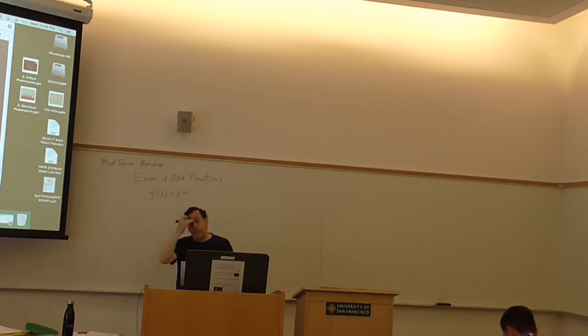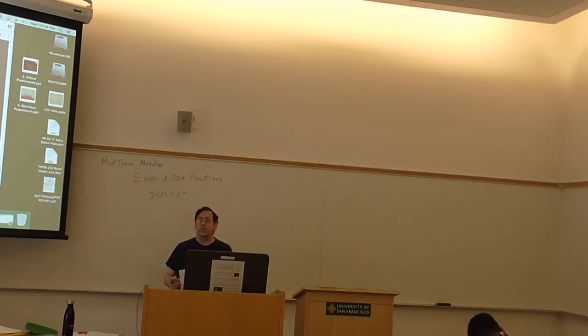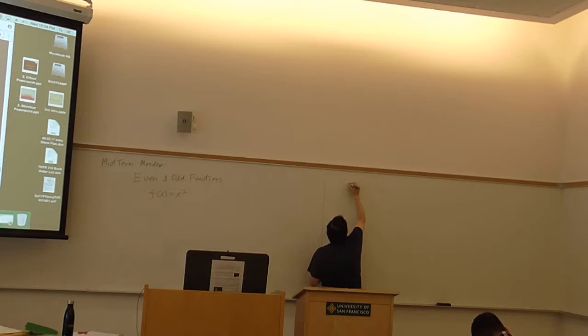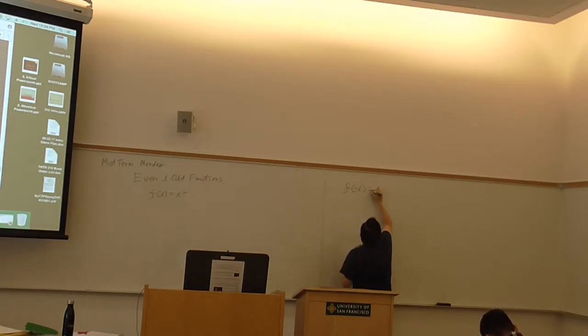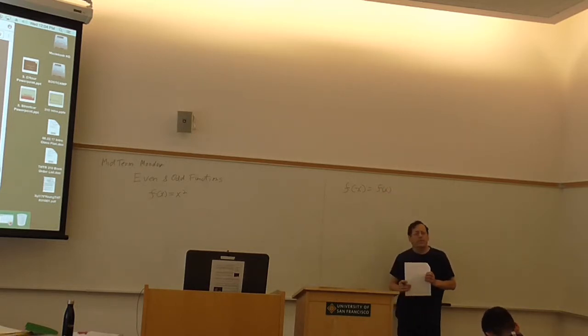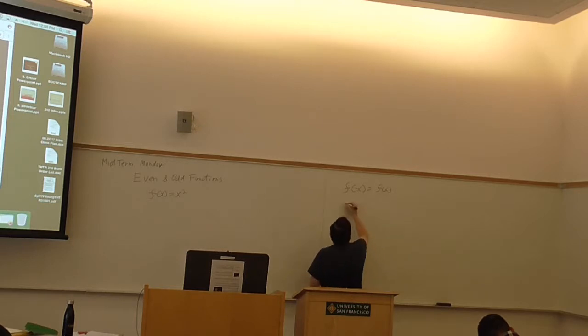So we want to ask what makes this an even function, or rather, what is the definition of an even function? It's very straightforward. An even function is a function where f of minus x equals f of x. All right, that seems almost too simple, but let's apply it here.